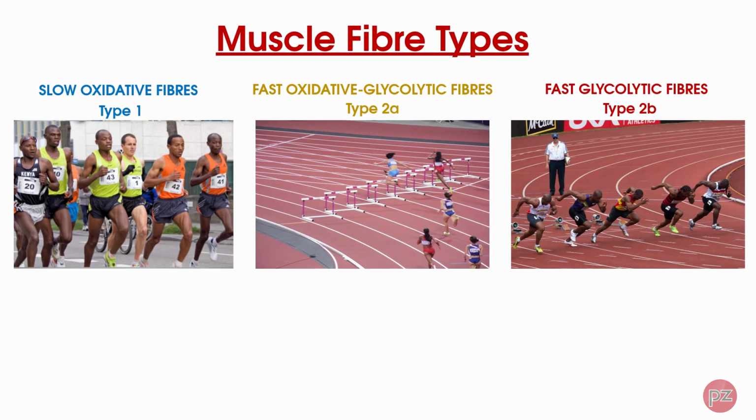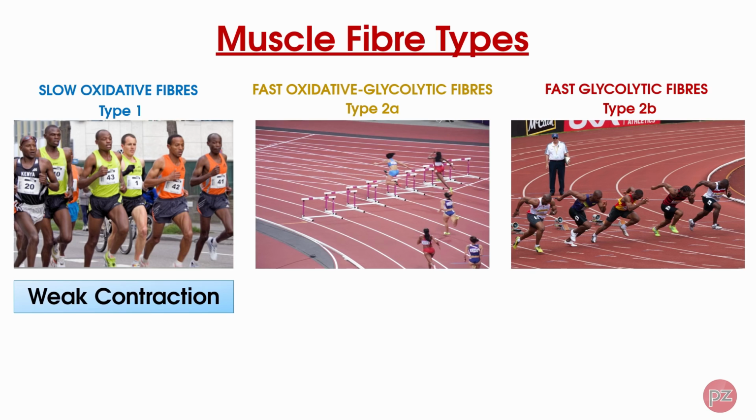So beginning with the slow oxidative fibers, the type 1 fibers, they're very small in size, so that causes them to have a weak contraction. They use oxygen and have lots of blood capillaries, so they're dark red.